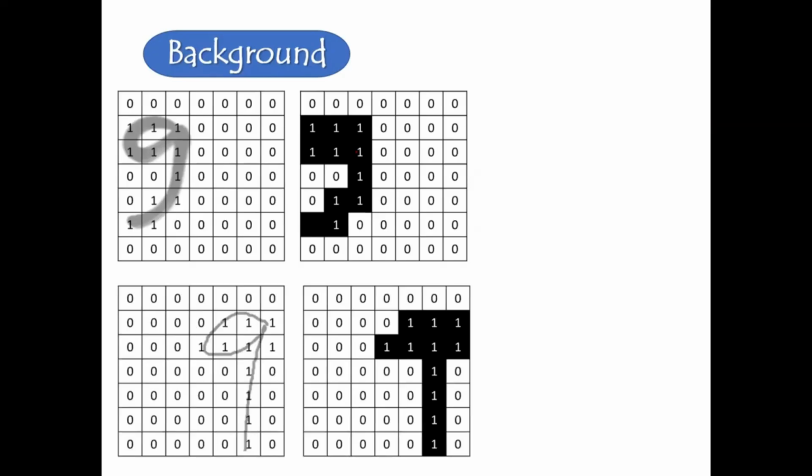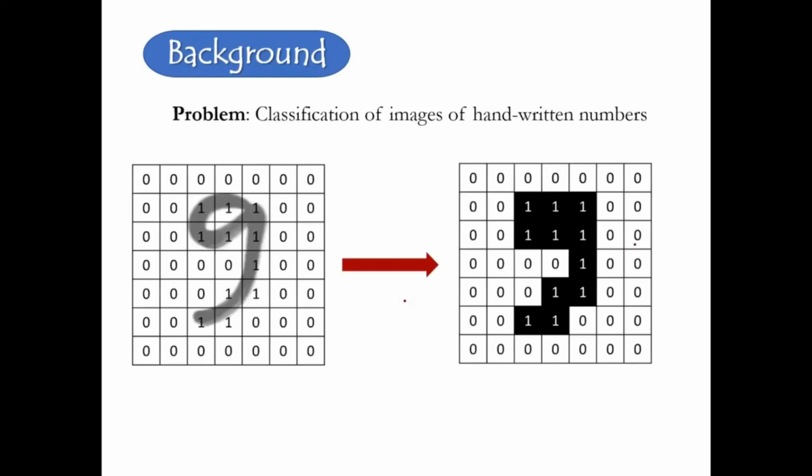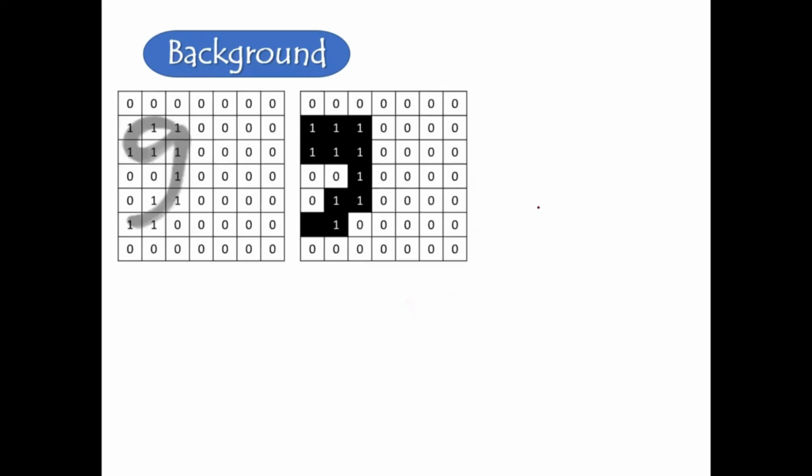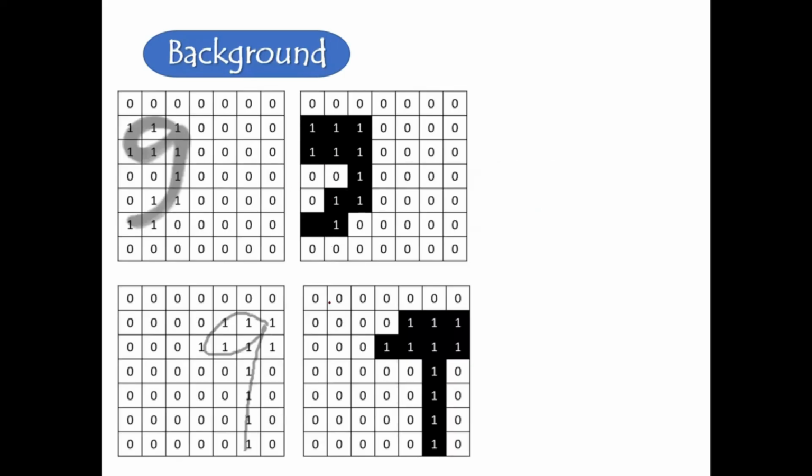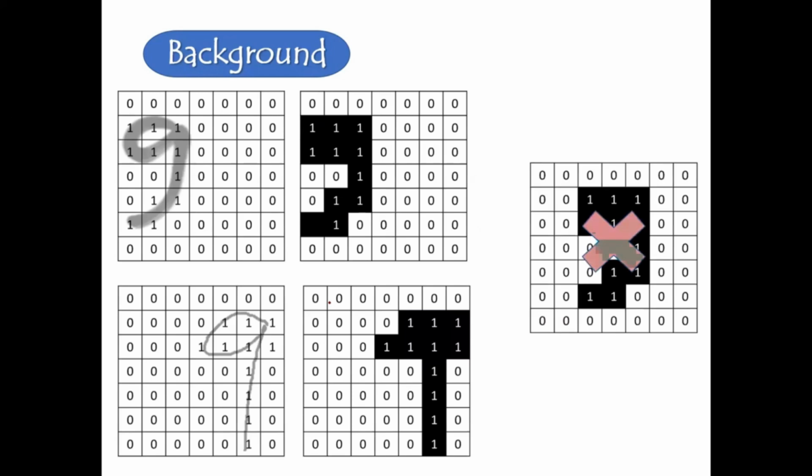And suppose someone writes the 9 in a different font, like this one. So again, it will have some different representation. But in that case, the machine will get confused whether it is a 9 or it is a 9. So it is different from this one.